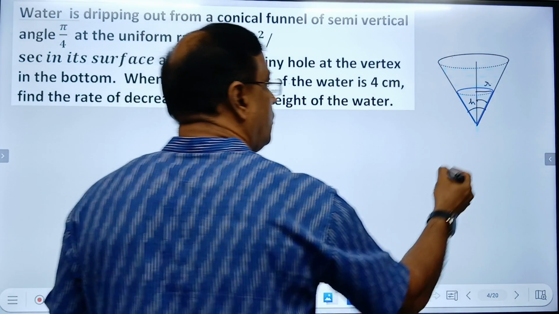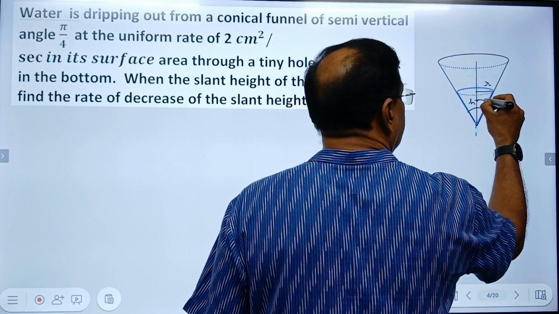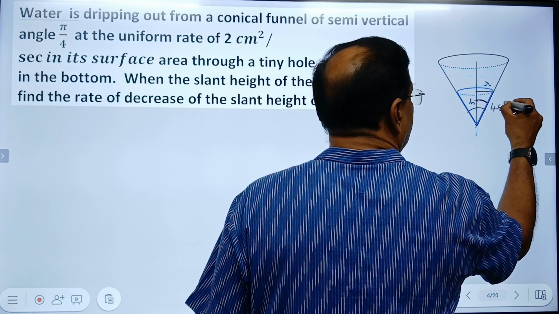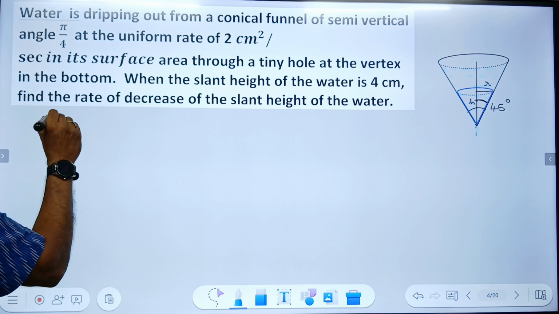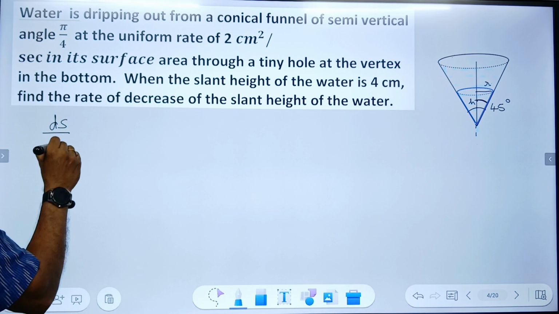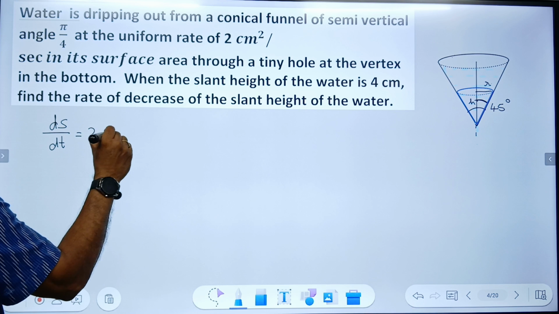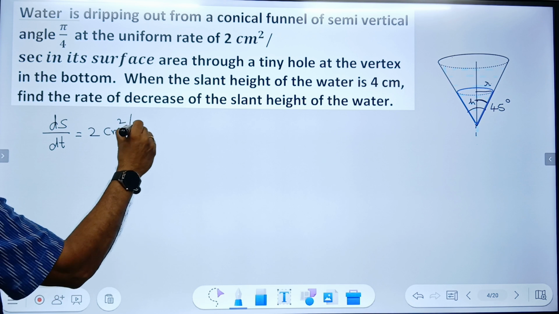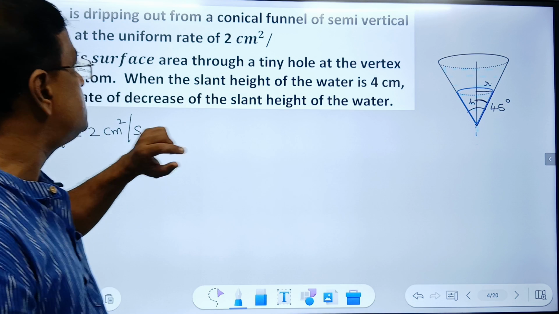Water is dripping out, and this angle is given as 45 degrees. And surface area ds by dt is 2 centimeters square per second. Okay. Now I want to know at what rate the slant height is changing.